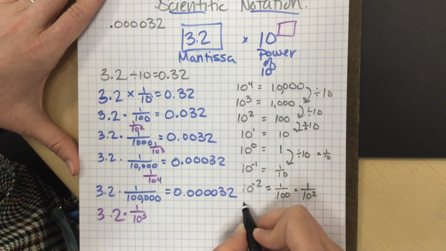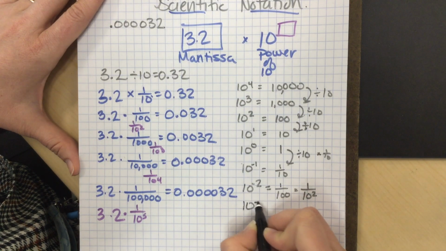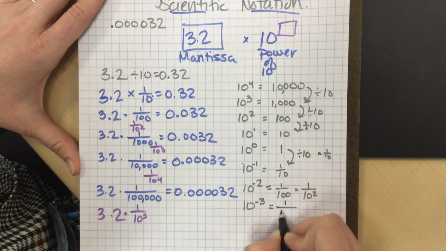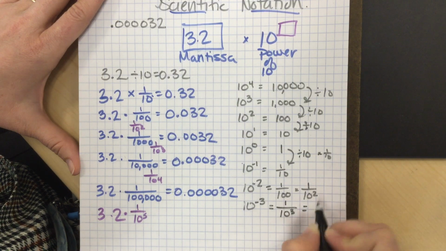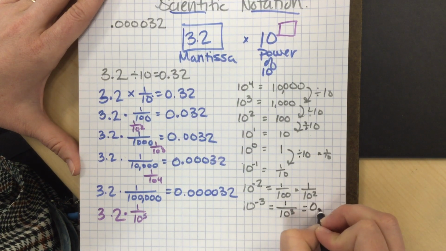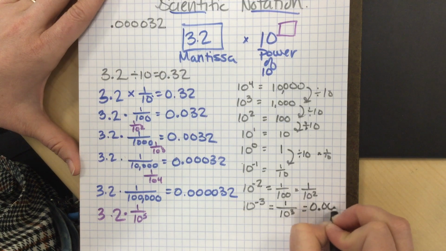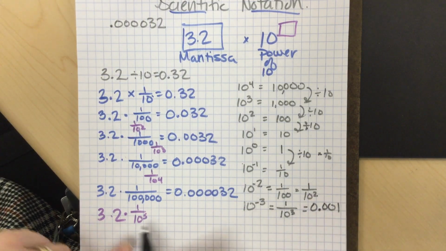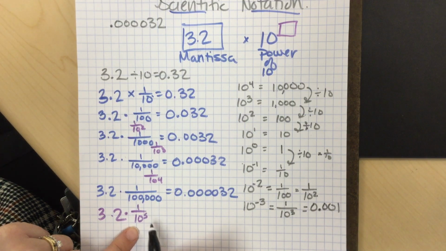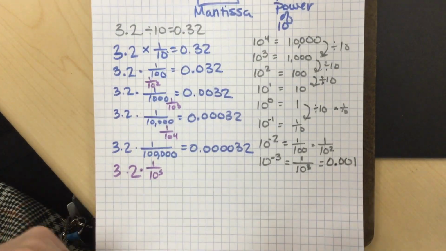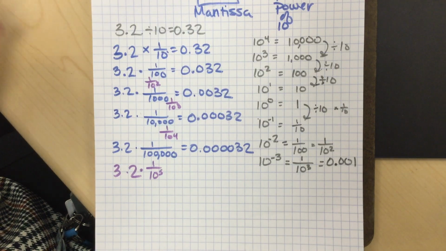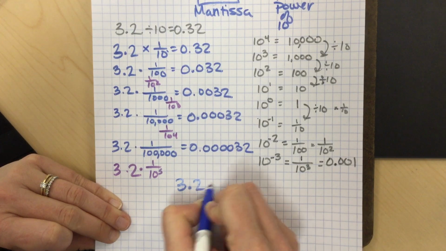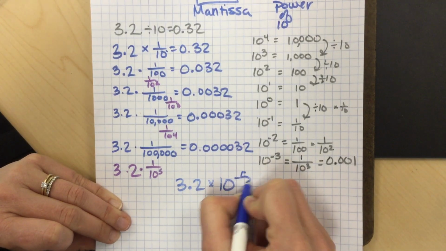Then, if I continue with this pattern, 10 to the negative 3rd power is equal to 1 over 10 to the 3rd power. So when I have 1 over 10 to the 5th power, in scientific notation I have 3.2 times 10 to the negative 5th power.